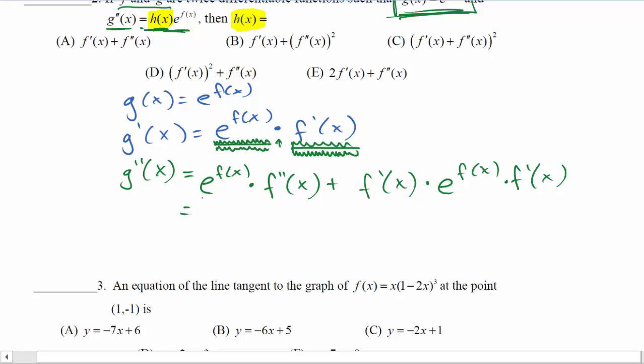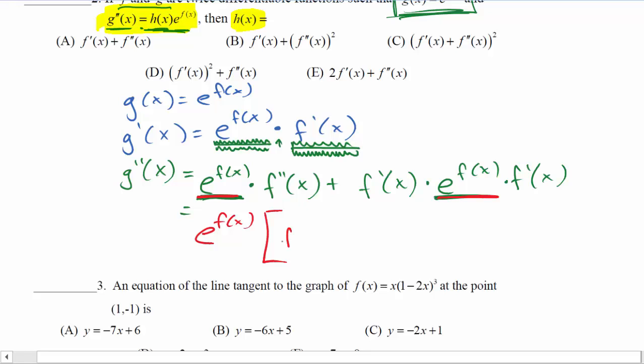I have e to the power of f of x right here and right here. And when I'm looking at that original problem, it's saying g prime of x, g double prime of x equals h of x times e to the power of x. I should be able to factor out an e to the power of f of x. So I'm going to factor this guy out, which I get e to the power of f of x. But what am I left with?